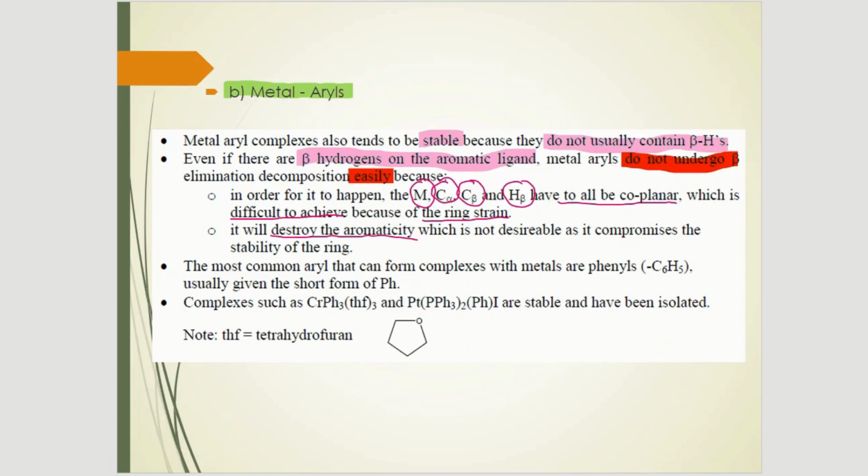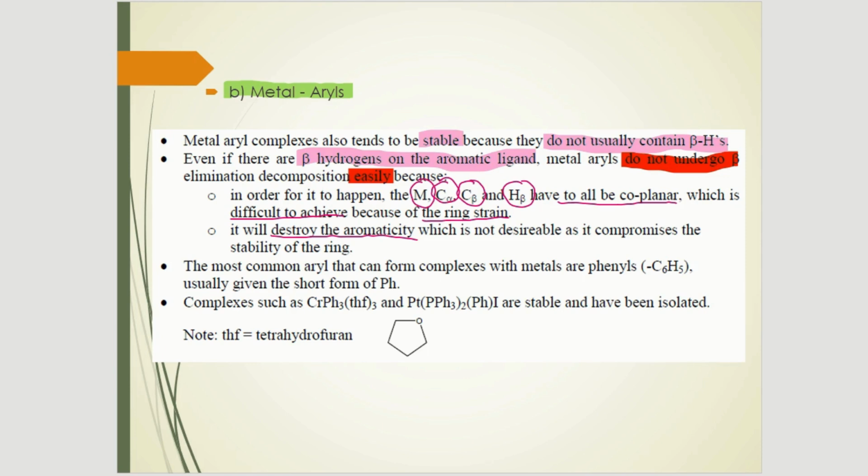Okay, the second is metal aryl. For metal aryl, complexes also tend to be stable because they do not have beta hydride. But if the metal aryl has beta hydride on the aromatic ligand, it is not easy to undergo beta elimination decomposition, because there are two requirements to achieve before they can undergo beta elimination decomposition.